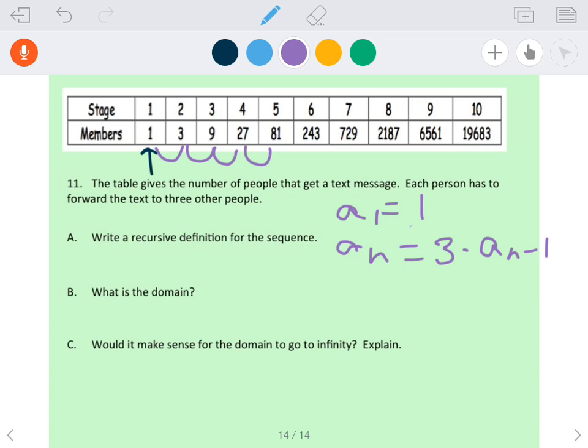Okay, so that's your recursive definition. The domain, what is the domain? Well, if you look here, it goes from 1, 2, 3, 4, 5, 6, 7, 8, 9, and 10.